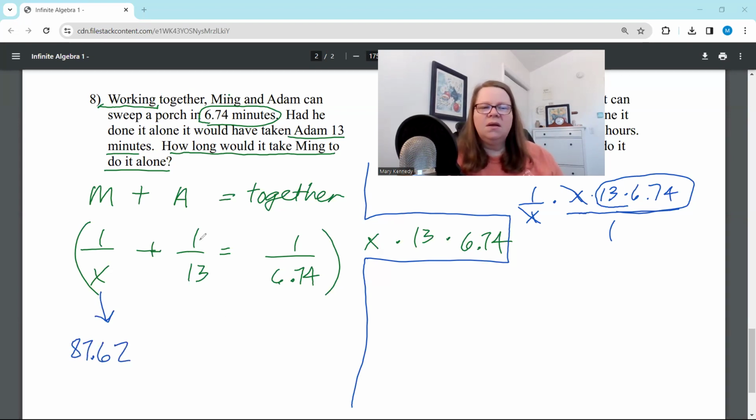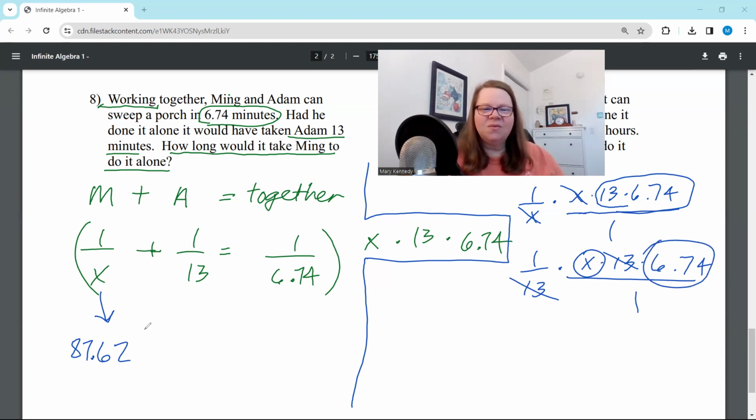Now let's do 1/13. 1/13 times X times 13 times 6.74, keeping it consistent. All that's over 1, so we can see that the 13s will cancel, and we're left with X times 6.74. So we would write 6.74X.